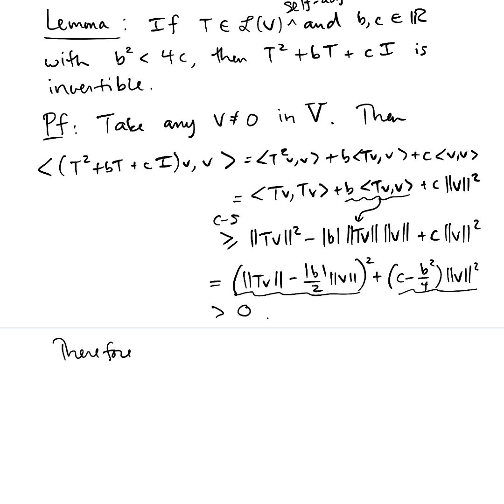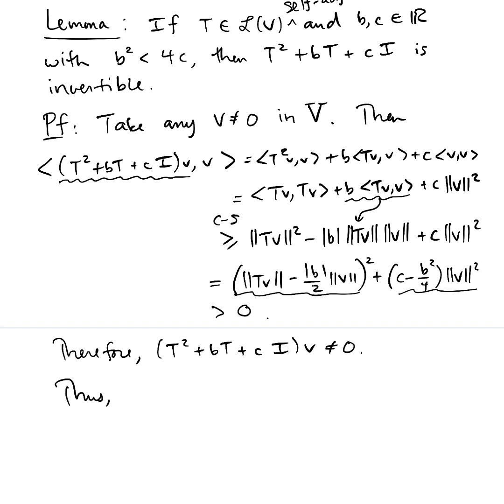Okay, so what? Well, here's the upshot. Therefore, this vector here, in the first slot of the original inner product, that can't possibly be 0. Because if it were 0, that inner product would have come out to 0. So, T squared plus bT plus cI acting on v is non-zero.